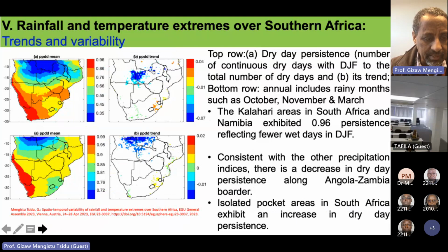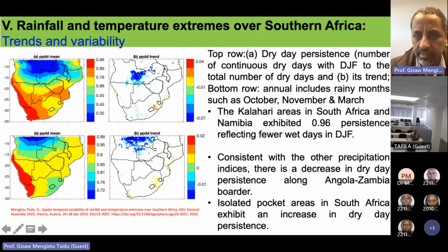The other index from many of the index that is used to describe rainfall is the dry day persistence. You can have dry day persistence for the season.